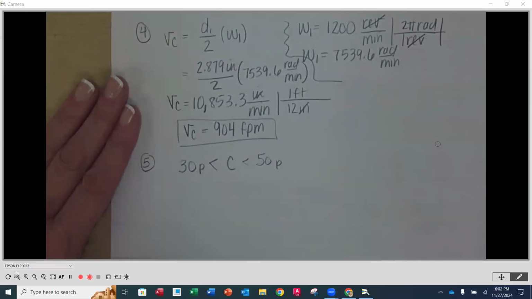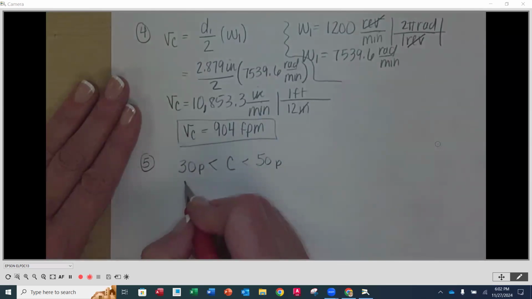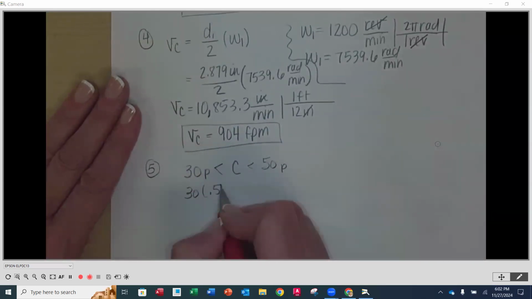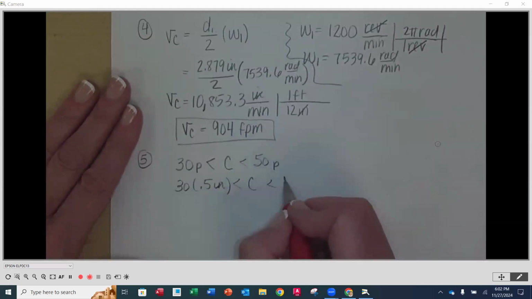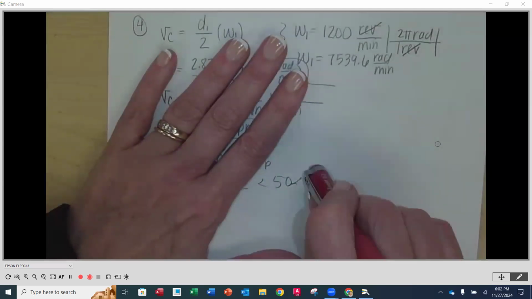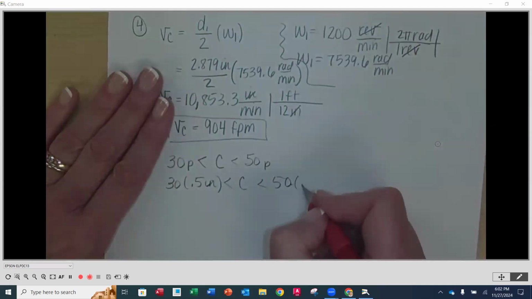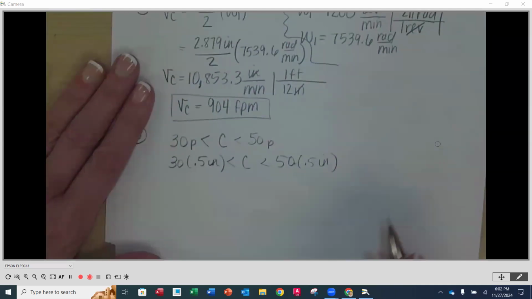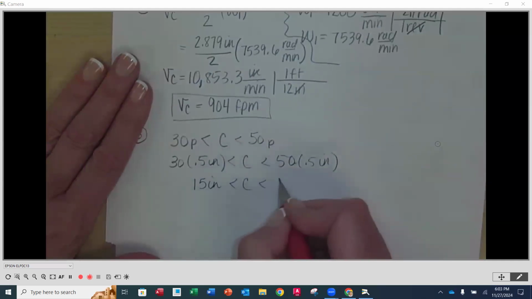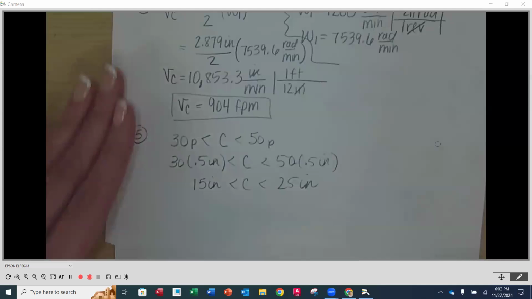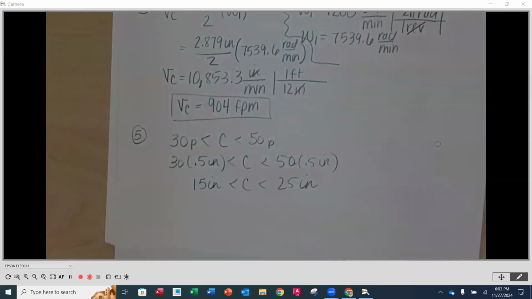We're putting in the inch equivalent, the distance equivalent. So this is going to be 30 times 0.5 inches, and then it's going to be 50 times 0.5 inches. So pretty easy to do in our heads. This is going to be 15 inches and 25 inches. So our center distance needs to be between those two numbers.